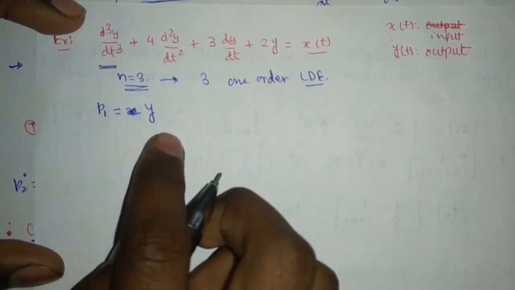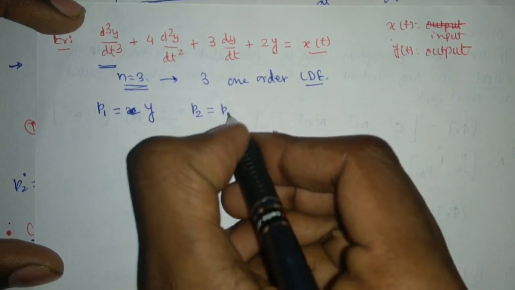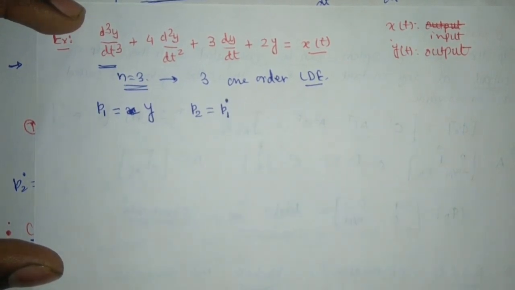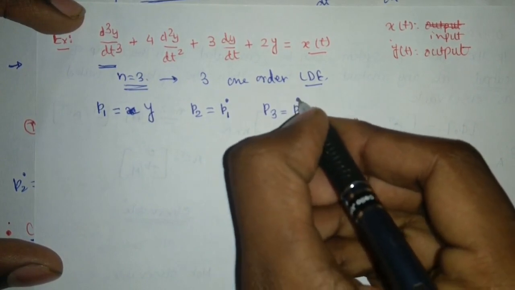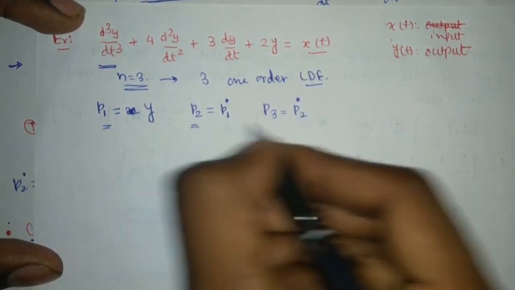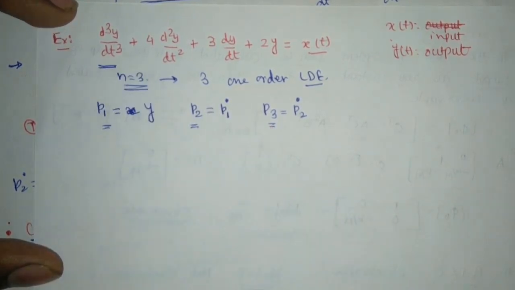Second, P2 is equal to P1 dot. Simple. And P3 is going to be P2 dot. So I have got three variables here, right? Now I am going to write this equation in terms of P3, P2 and P1.